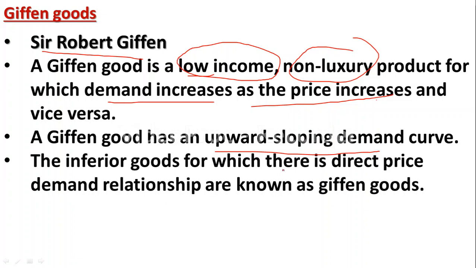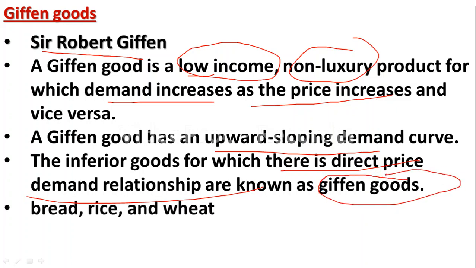Then the inferior goods for which there is a direct price demand relationship are known as Giffen goods, such as bread, rice, wheat. Because there is a direct relationship between price and demand, and these goods are non-luxurious goods.